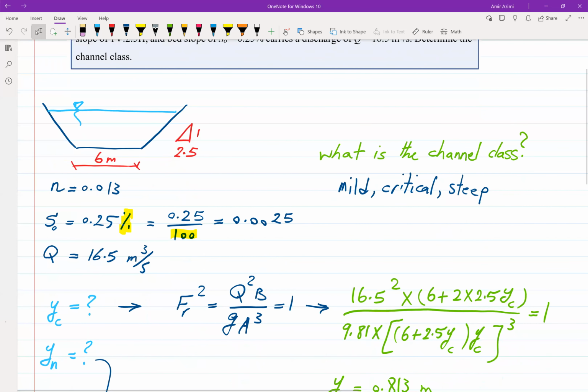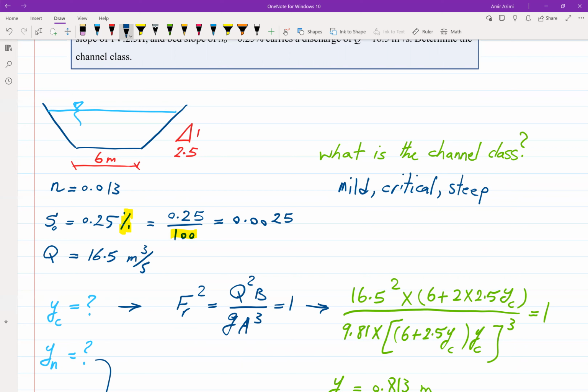For critical depth in a general channel cross section, we have Froude squared equal to Q squared B divided by g A to the power of 3, equal to 1. So the value of depth in the left-hand side should be selected so that the left-hand side equals 1.